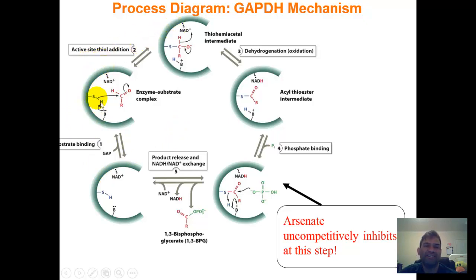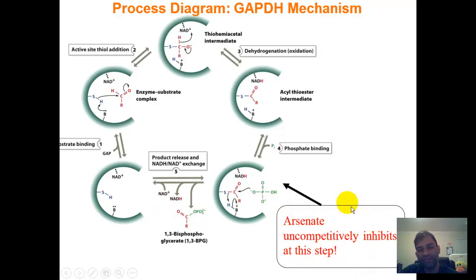Here we have a cysteine active site, and here your NAD plus gets converted to NADH. Then the phosphate comes in, which makes it the third ping, and the phosphate does nucleophilic attack. Pong is 1,3-bis-phosphoglycerate. Pong is NADH. So ping, ping, ping, pong, pong.